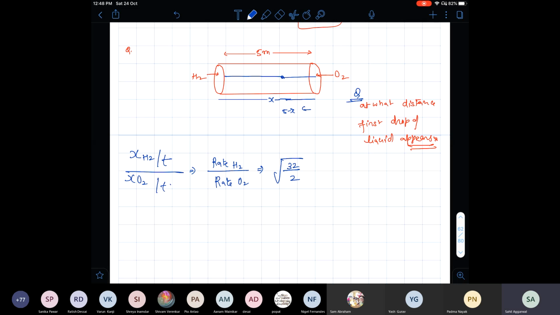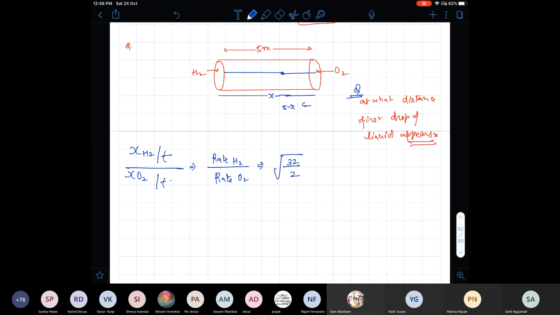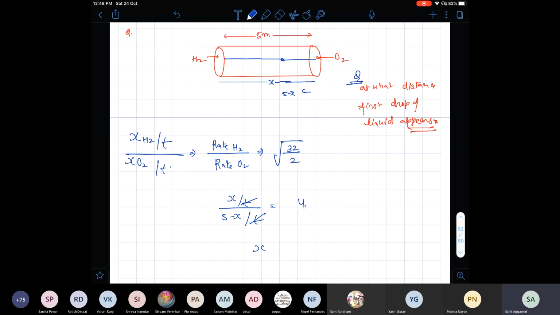What about others? Is the screen visible? Yes, sir. To Sanika aapko rejoin karna padega. So x upon 5 minus x is equal to 4.